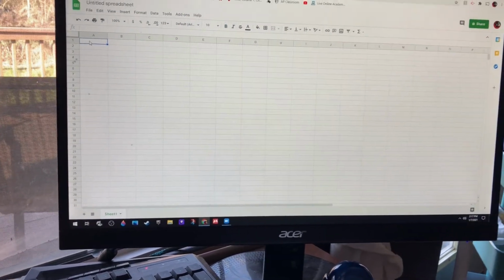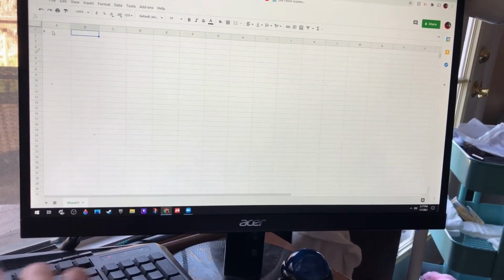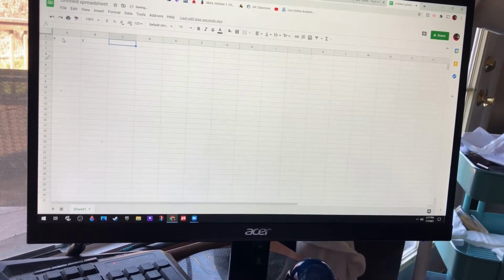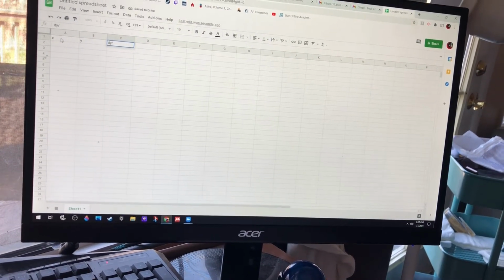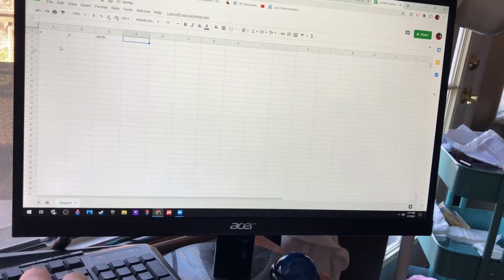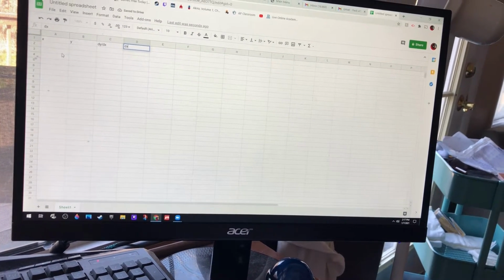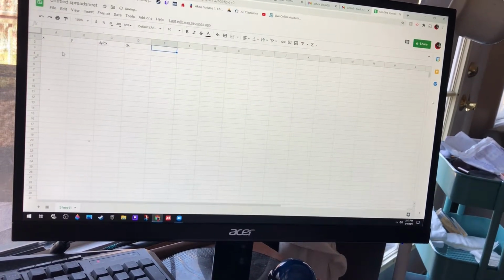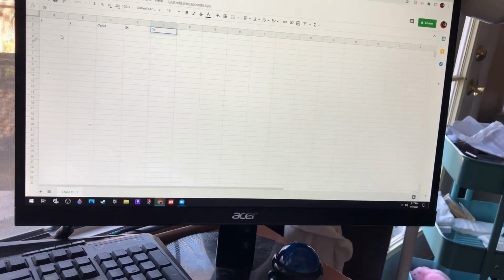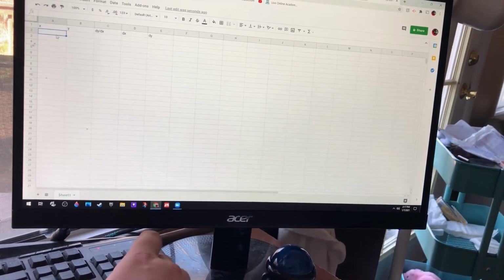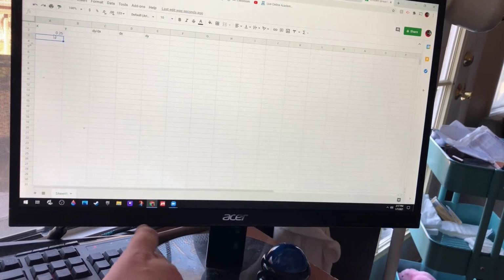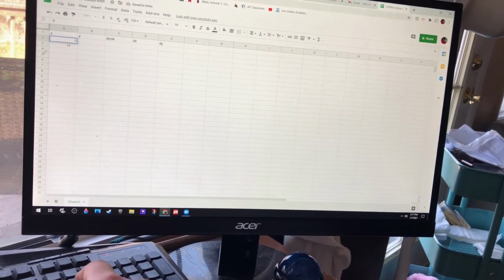Let's see. I'm gonna make columns x, y, dy dx, dx, and dy. Okay, so it started at 0.